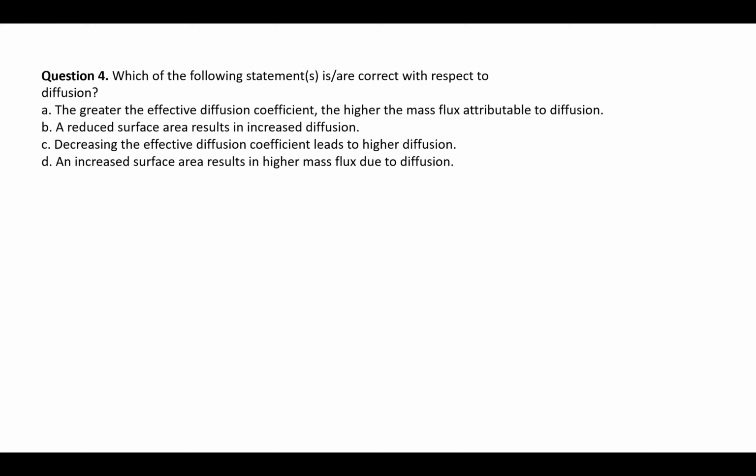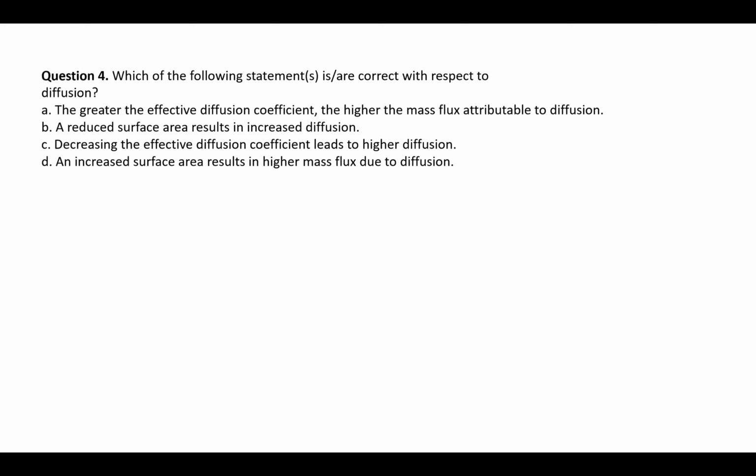Next is, a reduced surface area results in increased diffusion. This is not correct because we know that if there is a higher surface area, there will be more diffusion. If the surface area is less, the area available for the pollutant to be in contact with the water will be lesser, so there will be lesser diffusion.